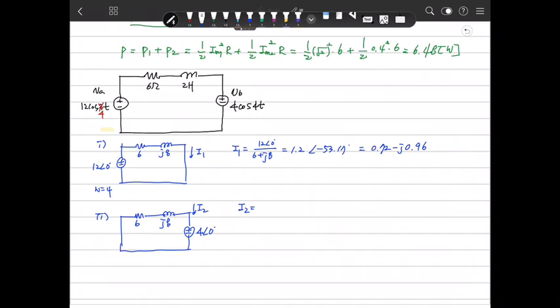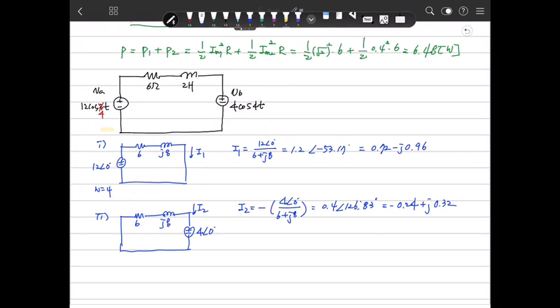I2 is the reverse, so minus 4 over 6 plus j8. So that result is 0.4∠126.83 degrees, which will be minus 0.24 plus j0.32.